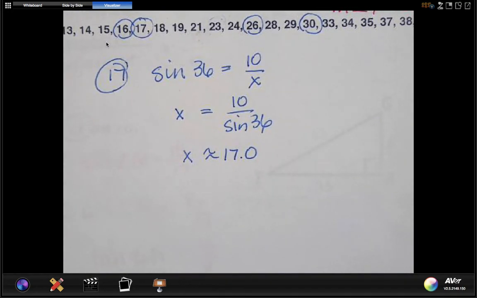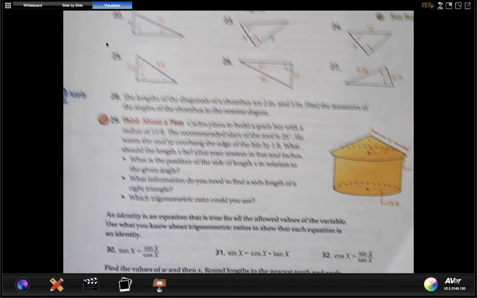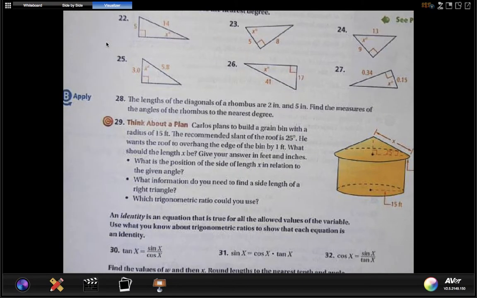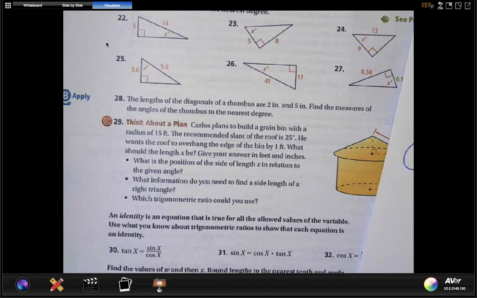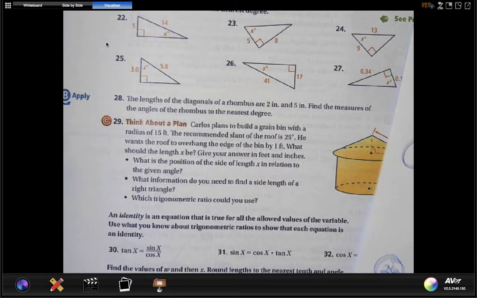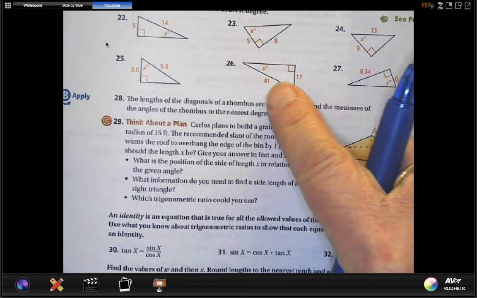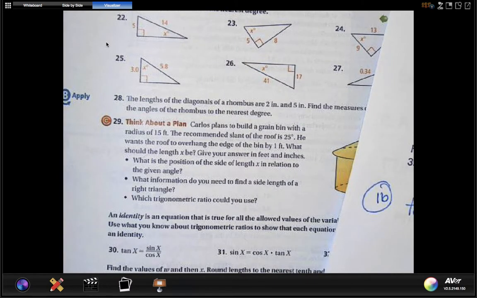All right, 26. 26 is one in which I'm finding an angle measure, so I have to use an inverse function. So in 26, opposite, hypotenuse. If I have opposite and hypotenuse, that's my sine function.